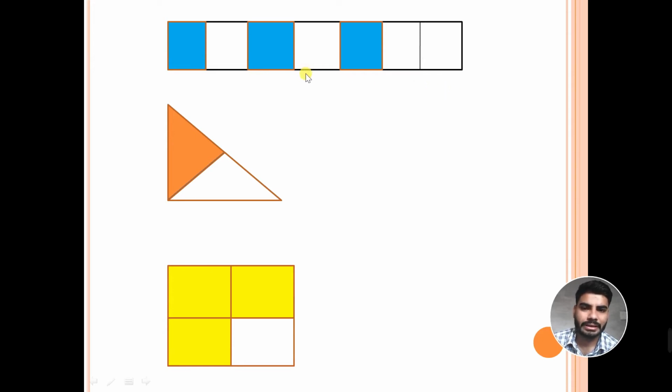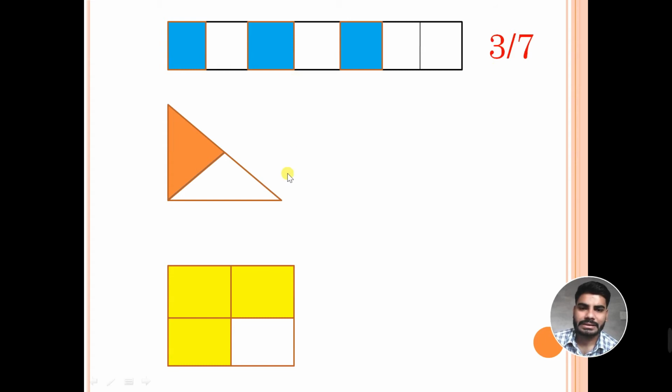So the denominator for this object will be 7. And now we will count the shaded part, or the parts that are being talked about. So the total number of shaded parts here are 1, 2 and 3. So the numerator will be 3 and the denominator will be the total number of parts, that is 7.